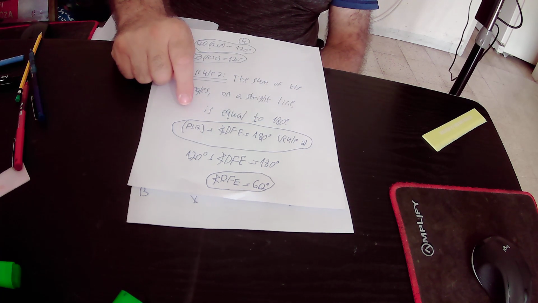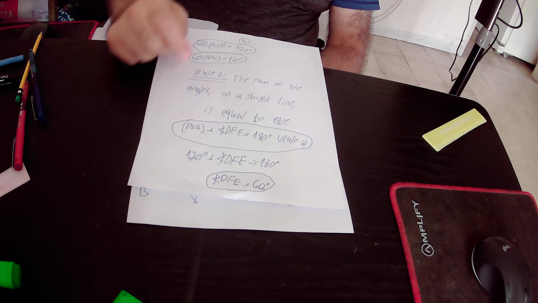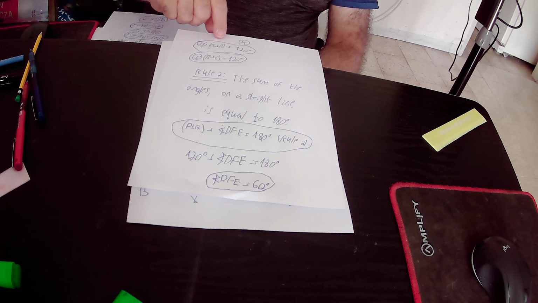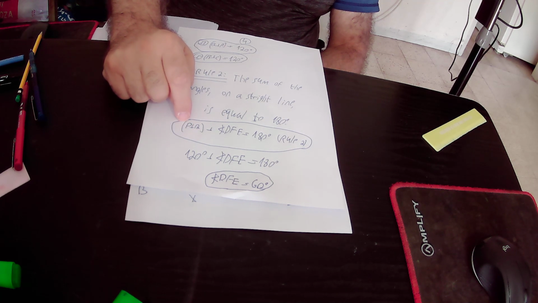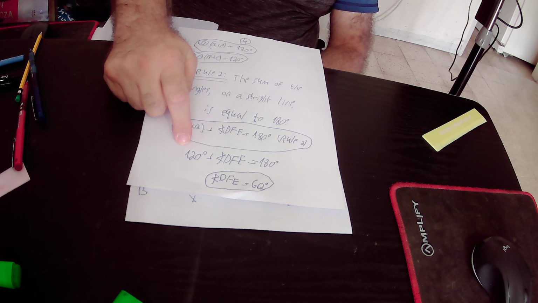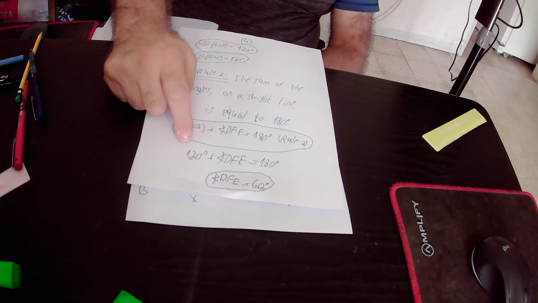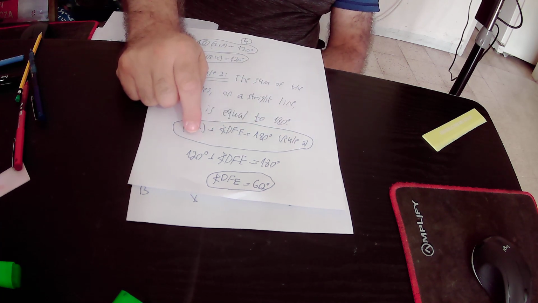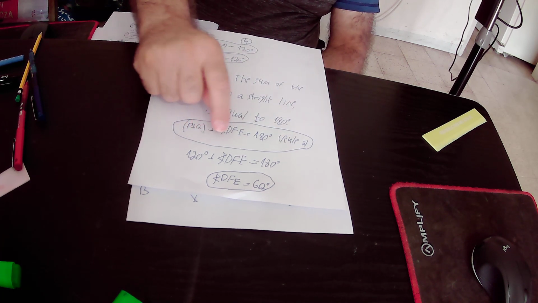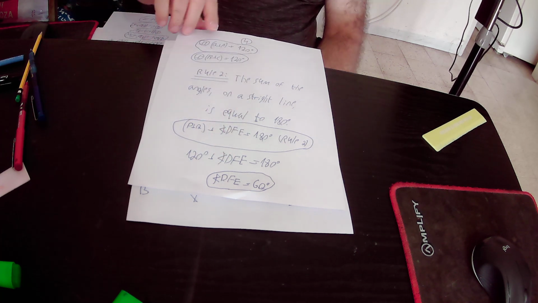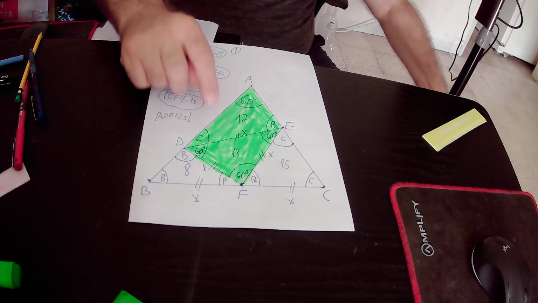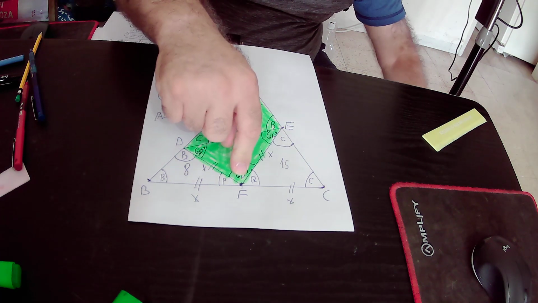And we have already found out that P plus Q equals 120 degrees, so we can substitute P plus Q in this equality by 120 degrees. We got this equality. We subtracted 120 degrees from this equality, and we got that angle DFE equals 60 degrees.